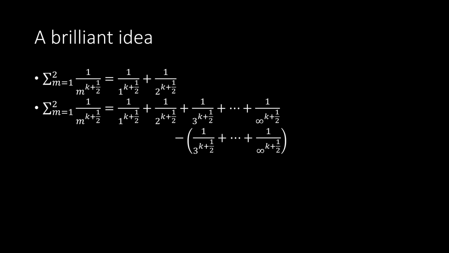And at the same time, we subtract from that finite number, the convergence in the limit to infinity, a second series, but this time we start at 3. And we do exactly the same. So we start by 1 over 3 to the power of k plus 1/2 and so on and go to infinity. And the difference of both of them, I mean it's very clear here, is of course our sum to n equals 2.